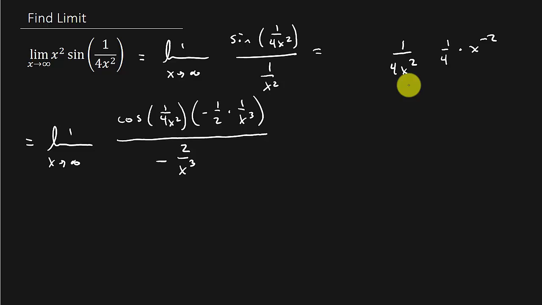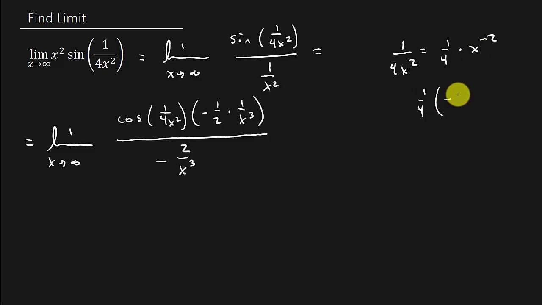But let me show you this. Instead of taking the negative 2 times the 1/4 and writing negative 1/2, let's keep the 1/4 and the x to the negative 2 apart when we're taking the derivative.